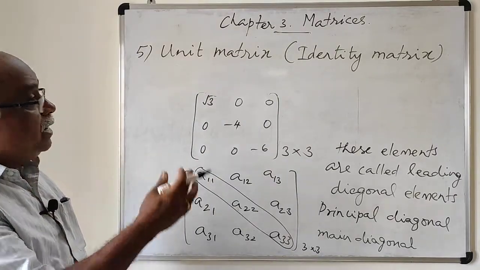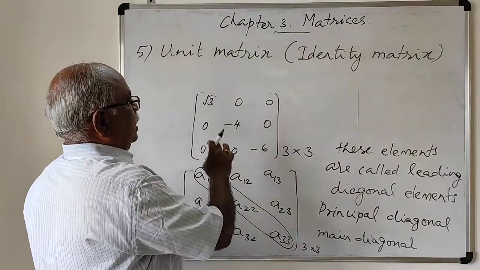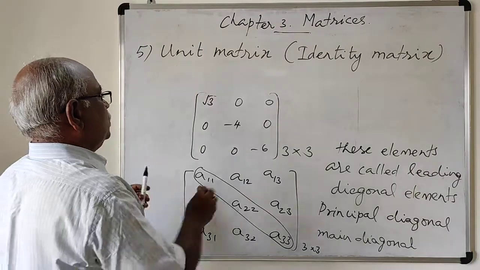A unit matrix or identity matrix is also a square matrix in which the leading diagonal elements are units, but all other elements are 0.